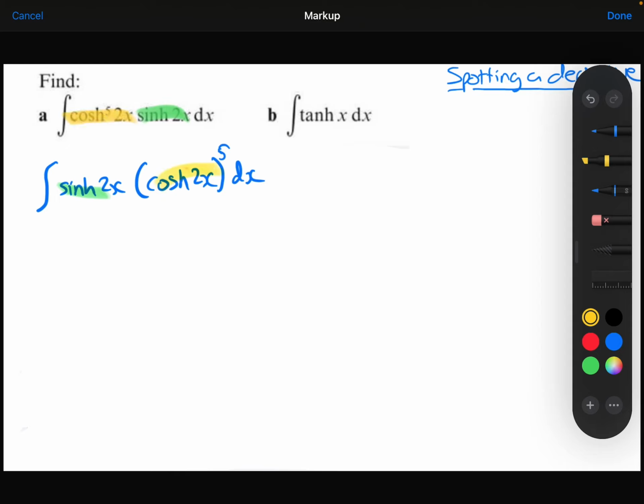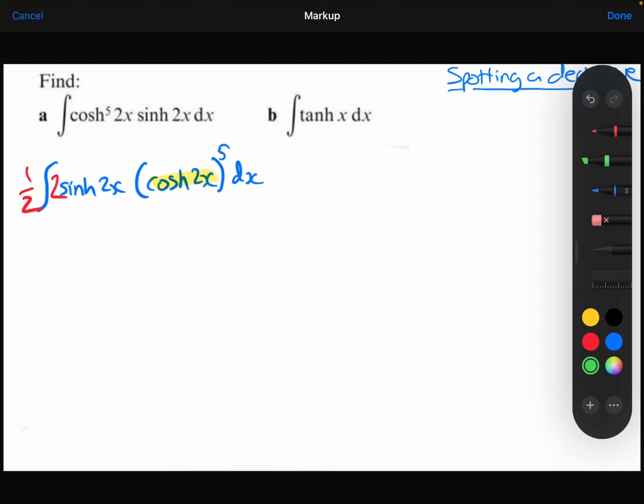It just might look a bit more familiar to you. The point is that the derivative of this would be 2 sinh 2x. So I need an extra 2 at the front here, which I can do as long as I have a 1/2 at the front.